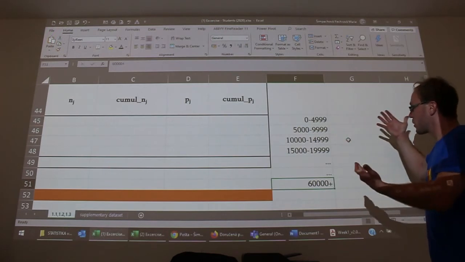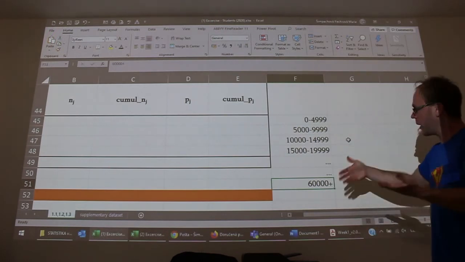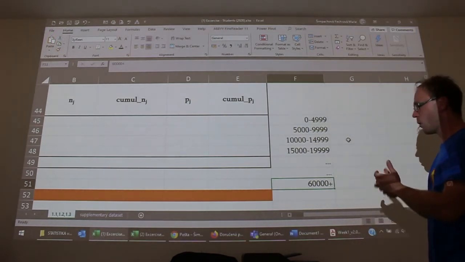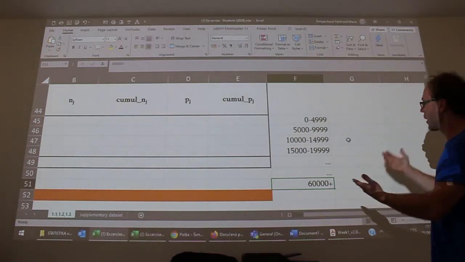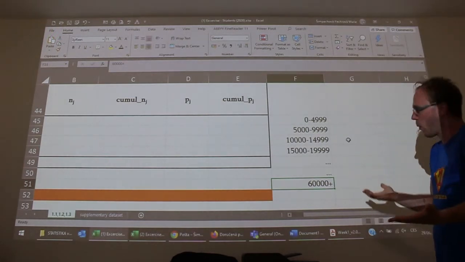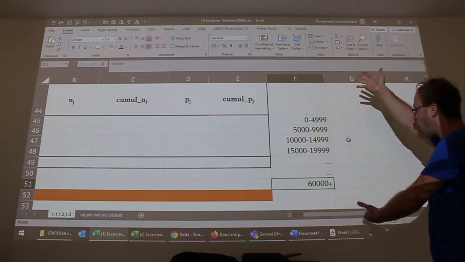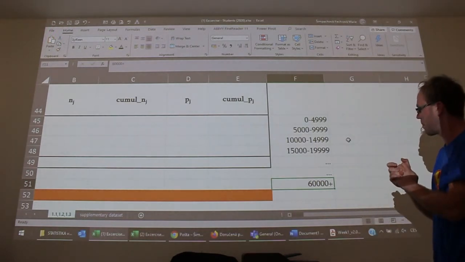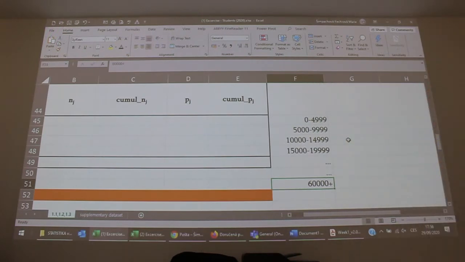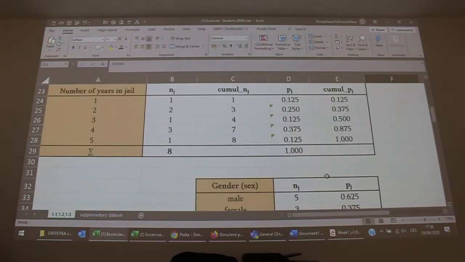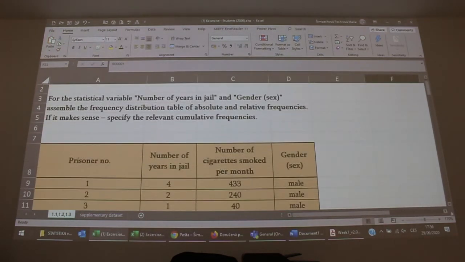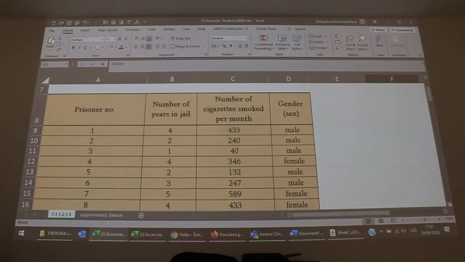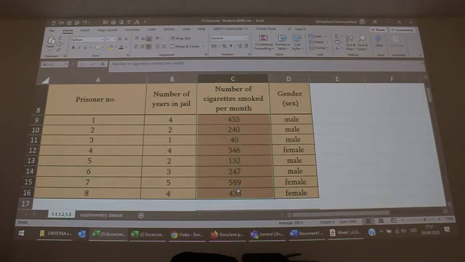There are a lot of options, mainly in the case of wages and if you analyze a whole population, but now we have only a small statistical sample. In our situation with cigarettes smoked per month, we have only 8 prisoners, and we have the values here.